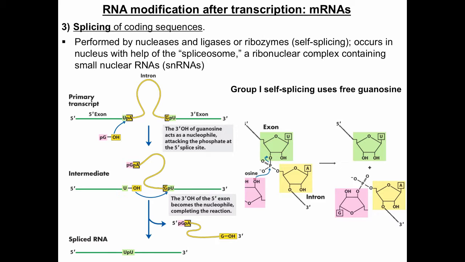The way this works for the group 1 self-splicing mechanism is you have a free guanosine, and the 3' hydroxyl group on the free guanosine is going to attack a phosphate of a base located in the intron. Here's your 3' hydroxyl group.